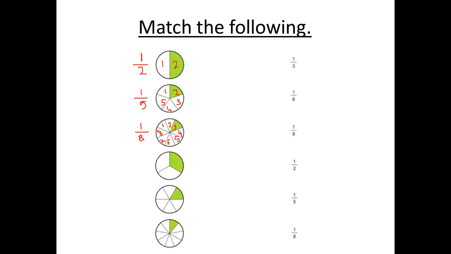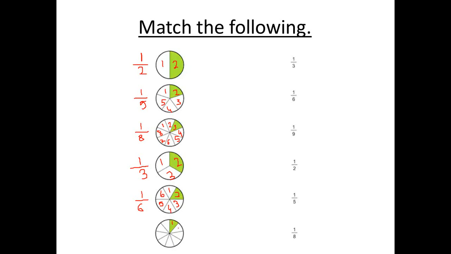Next circle has been divided into how many parts? 3 parts. So how to write in fraction? See, only one part has been shaded. So part of whole equals 1 and whole is 3, because the circle has been divided into 3 equal parts. So 1 by 3. Now go to the next circle. This circle has been divided into 1, 2, 3, 4, 5 and 6. Right? So one part only shaded. So 1 by 6. 6 is your whole.